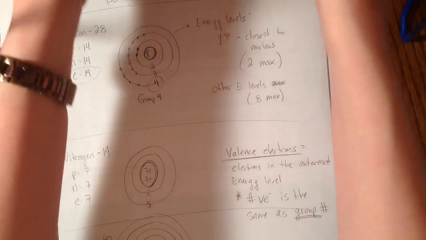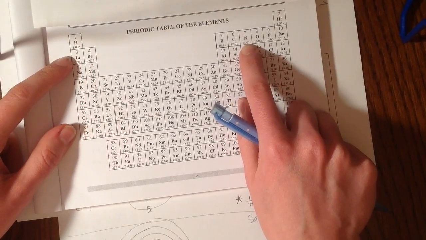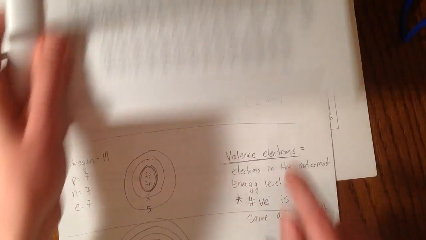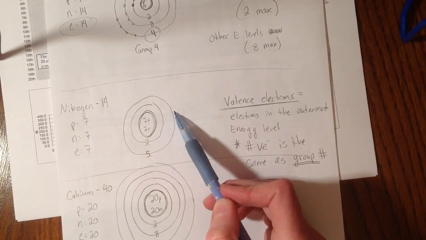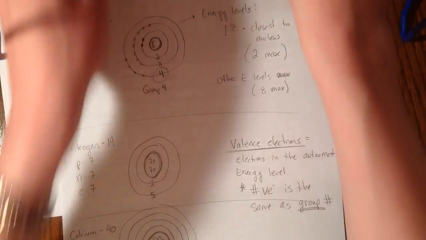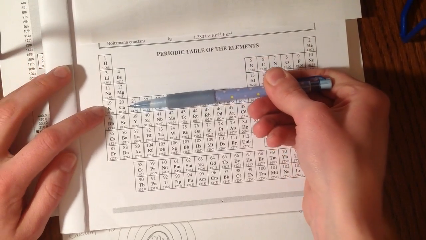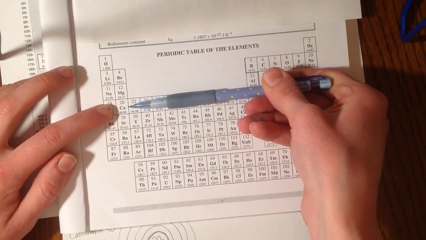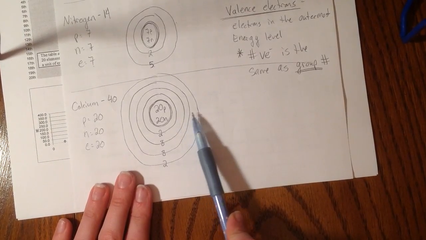If we look at nitrogen, nitrogen is in period 2. There are 2 rings, 2 energy levels. If we look at calcium, calcium is in period 4, our 4th row down, and has 4 energy levels.